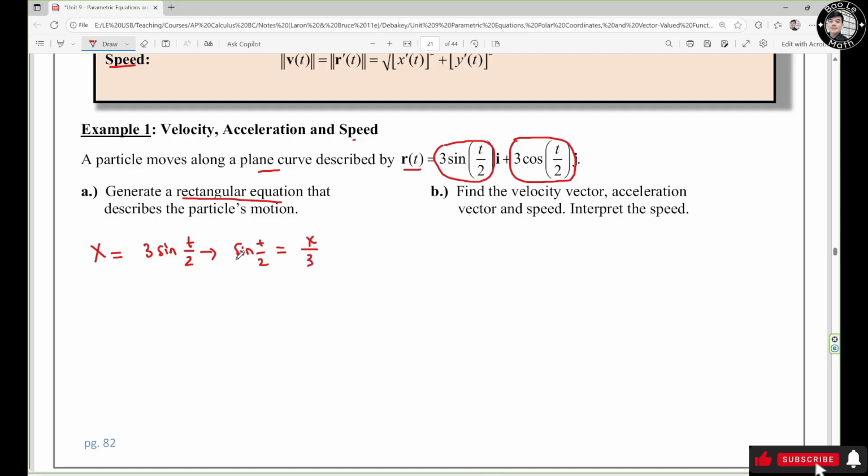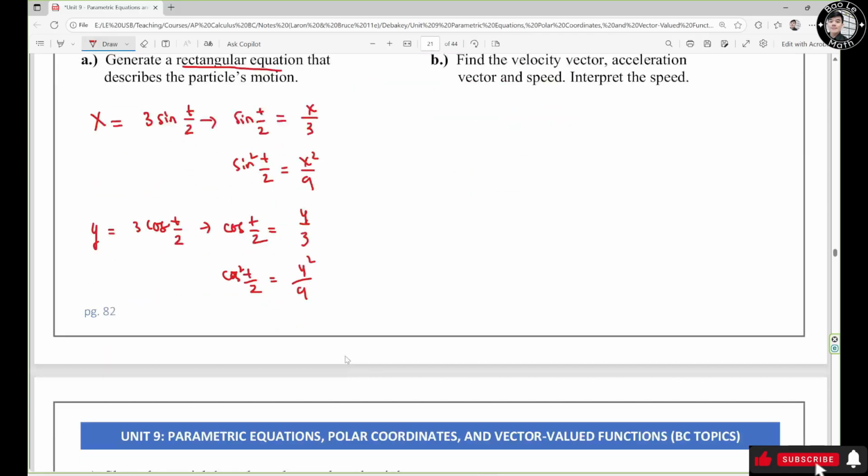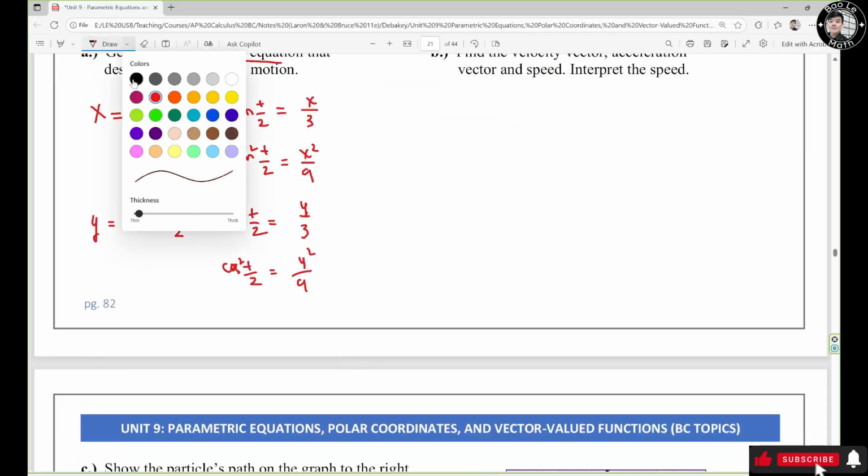Now I'm going to square both sides: sine squared of t over 2 equals x squared over 9. And y equals 3 cosine of t over 2, then cosine of t over 2 equals y over 3. Squaring both sides, cosine squared of t over 2 equals y squared over 9.